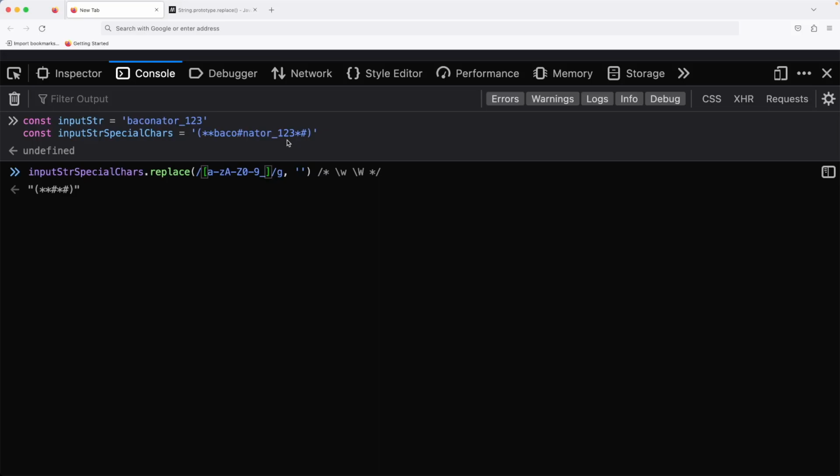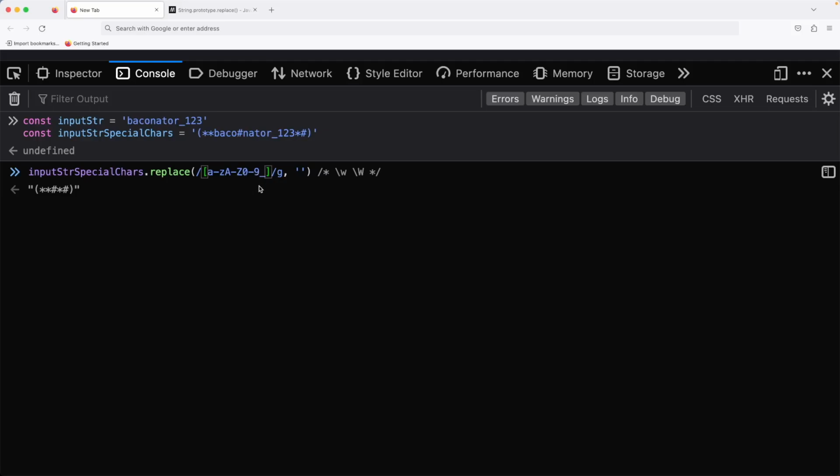Now, if I wanted to run the replace method, and I wanted to specify that I do not want any word characters, the long way to go about this, to replace it with nothing, is to specify a through z lowercase, capital A through capital Z, and 0 through 9.